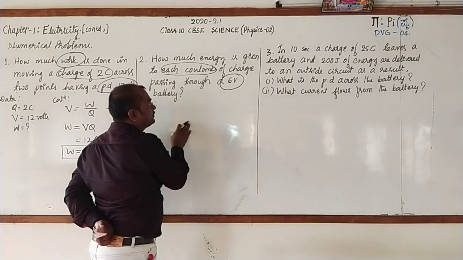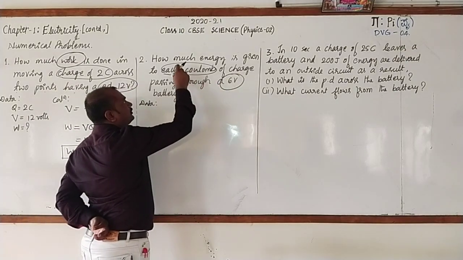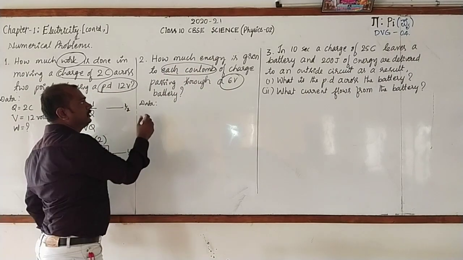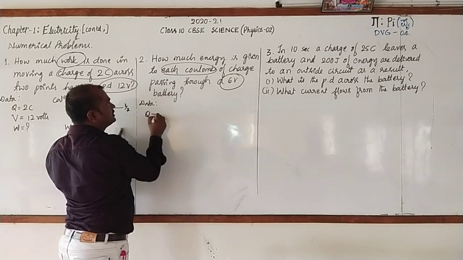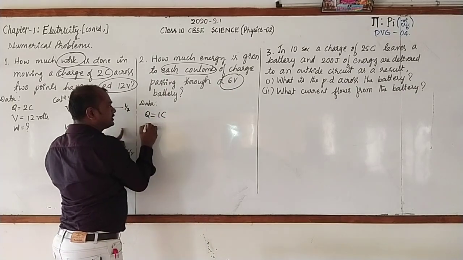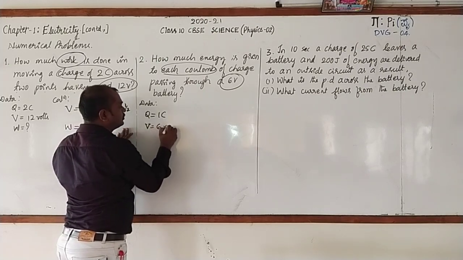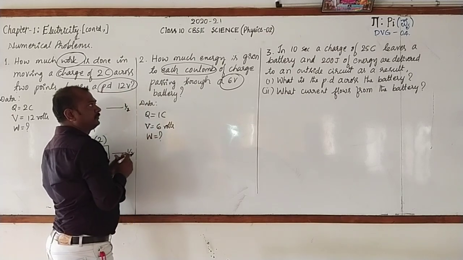So that means to make the potential difference of 6 volt with respect to 1 coulomb, what amount of work has to be done? Here also we are going to find out work done. So each coulomb, quantity of charge is 1 coulomb. 6 volt is nothing but voltage. V is equal to 6 volts. Then you are going to find out energy, which is nothing but work done.